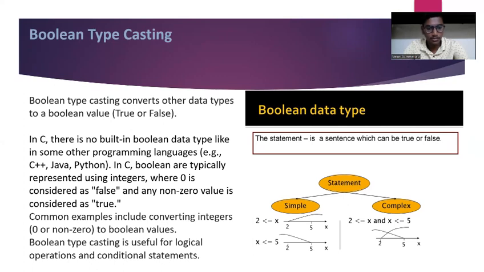Common examples include converting integers like 0 or non-zero to Boolean values. Boolean typecasting is useful for logical operations and conditional statements.